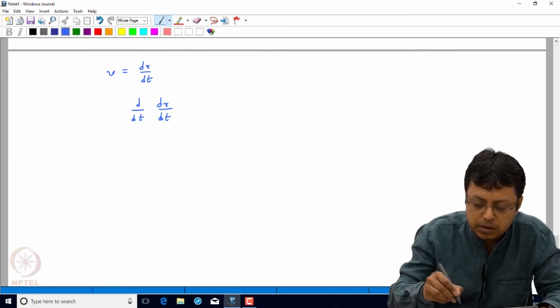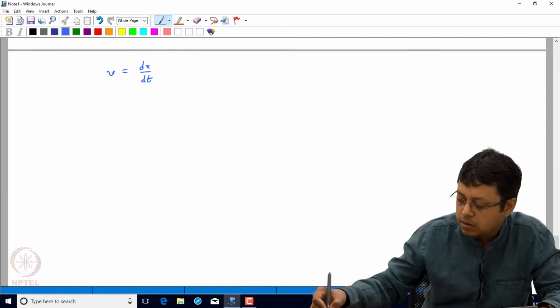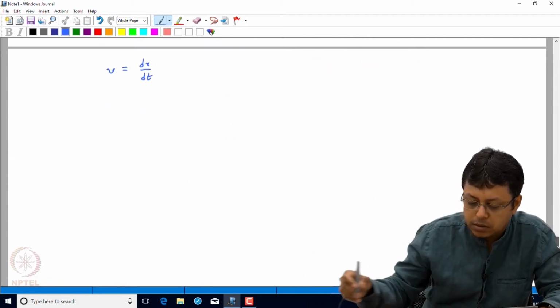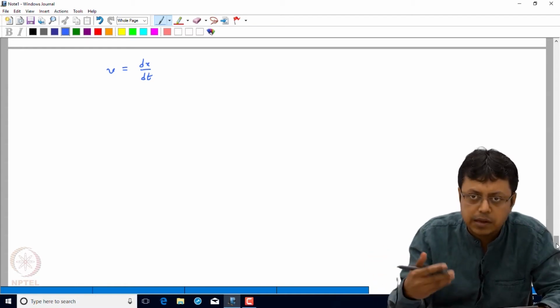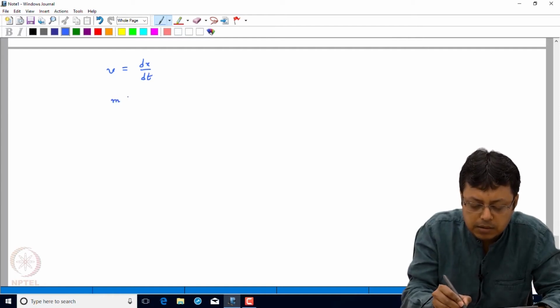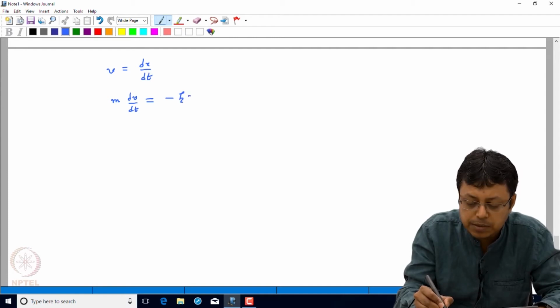So let us first start with the original equation, so that we can follow every step. We have a force, and the force was basically random, so we could ignore that force from the beginning, because we are anyway going to average it, but I am keeping it for the time being. I have mass times acceleration, writing the old equation once again, balanced by an opposing frictional force which depends on the velocity, plus a random force which is f of t.